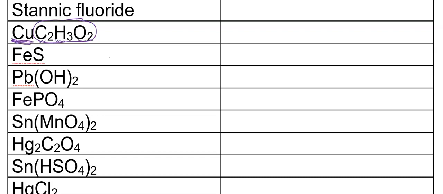So our next step is looking at C2H3O2. The name of it is called acetate. It's in the first column. So I'm going to write acetate over here, because we know that that's the name of that. It also has a charge of -1. What we can notice is there's no parentheses around C2H3O2.